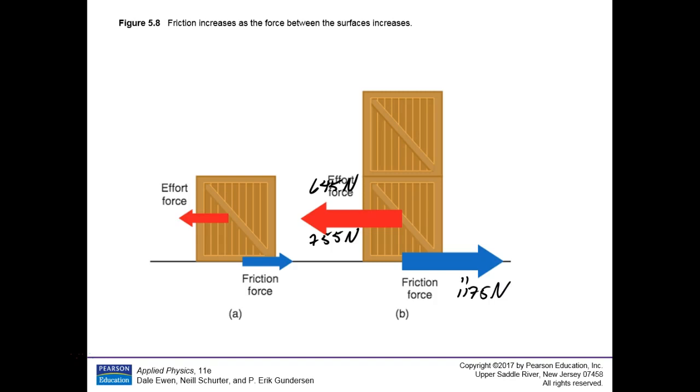Find the net force. How would you do this? Add the two forces you're exerting. That would be 645 plus 755. And I believe that comes up to 1400 newtons, doesn't it? Okay. Subtract from that your 1175 frictional force, and that gives you 225 newtons, right?